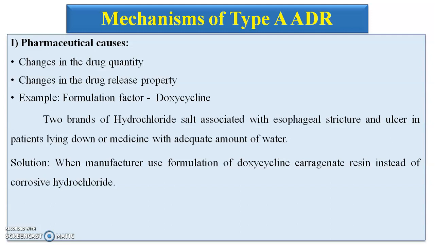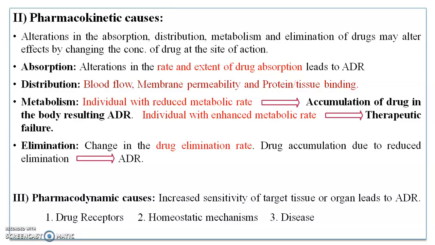So during this condition, the pharmaceutical cause is very high. They have a higher chance of having ulcer. So during this condition, the manufacturer must use doxycycline carrageenate resin instead of corrosive hydrochloride. By this, he can try to minimize the adverse reaction of type A reactions.